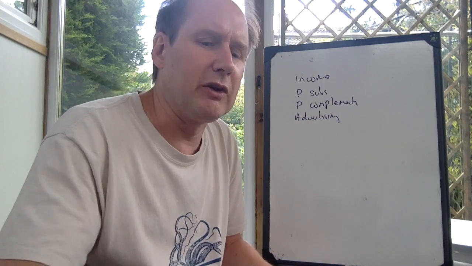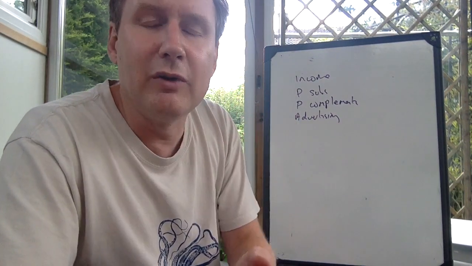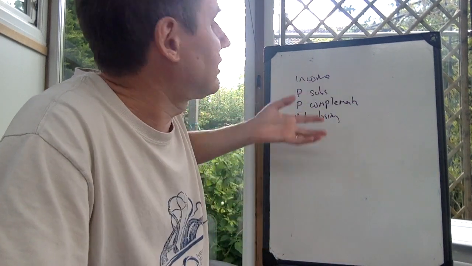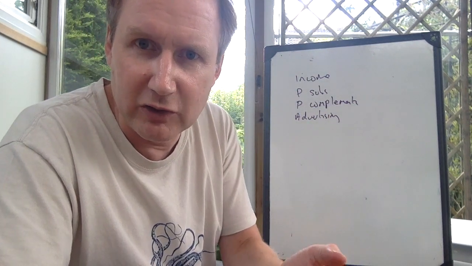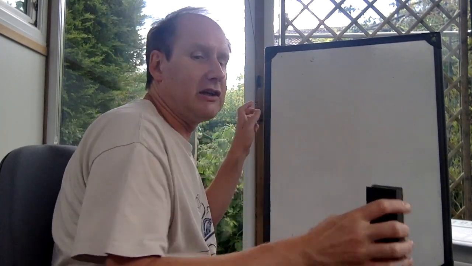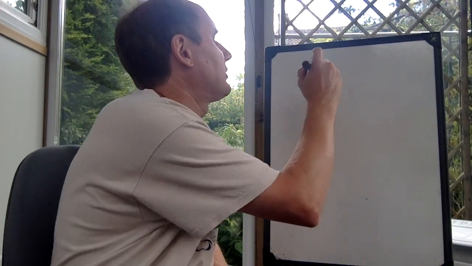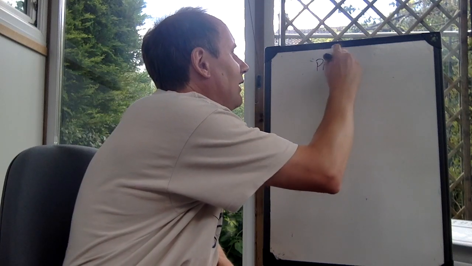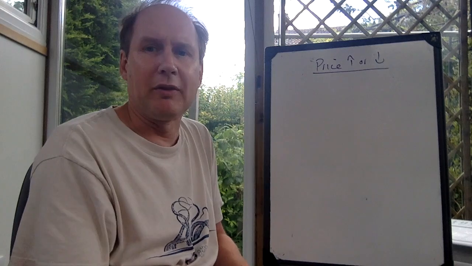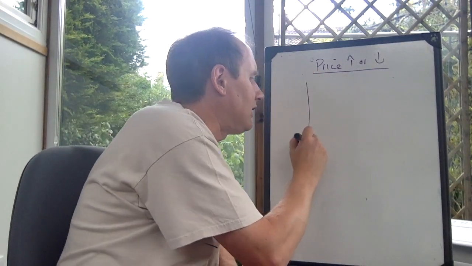So we need to understand how we represent, firstly, a change in price, or secondly, a change in one of these other factors using our demand line. So let's take changes in price first. Let's suppose that price either goes up, or price goes down. This is the easiest one, because we actually already know.